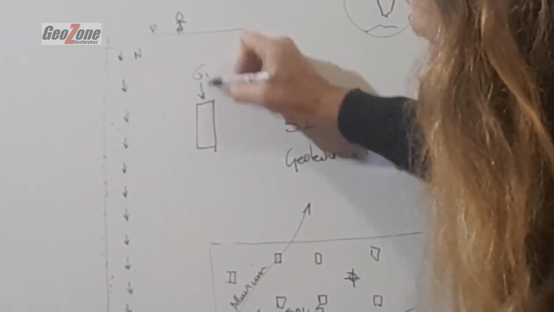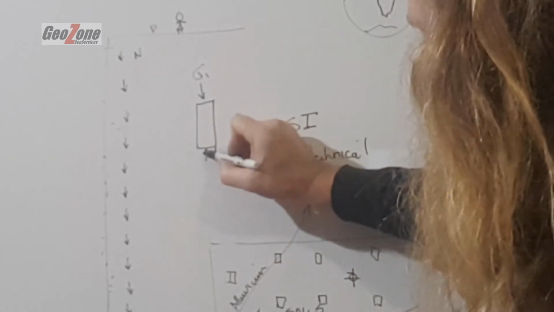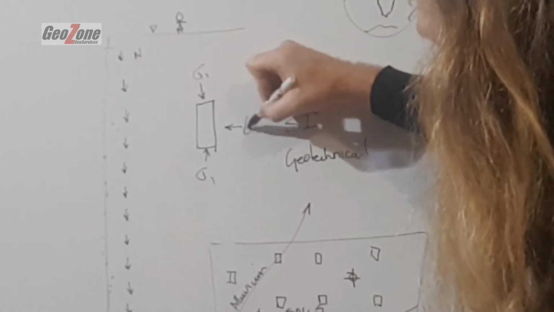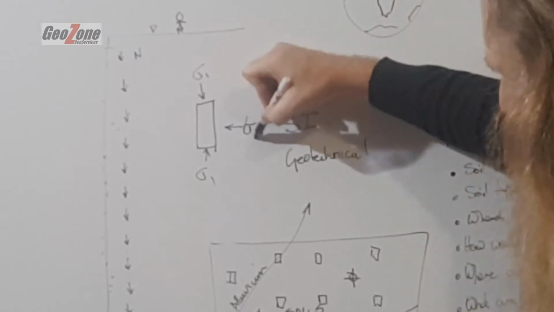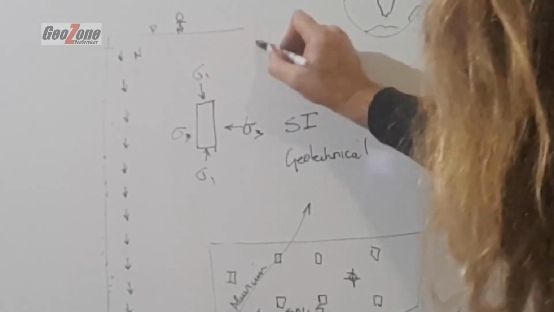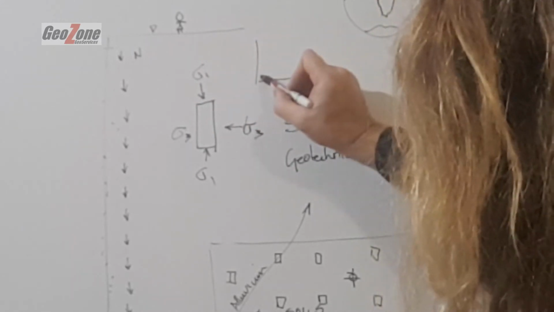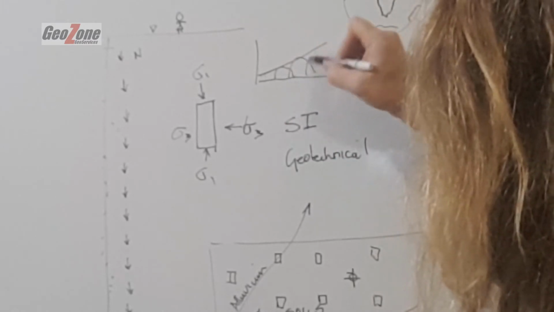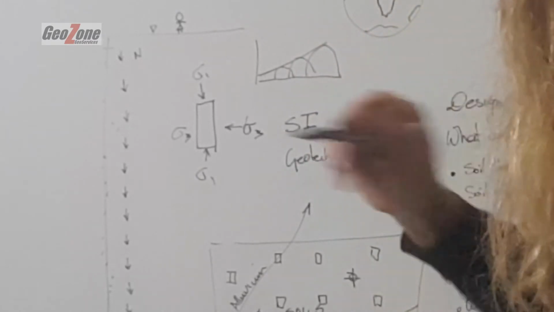Sigma 1, Sigma 3. Doing it sideways, Sigma 3. We load it, three different tests, and we plot ourselves more circles for the undrained.